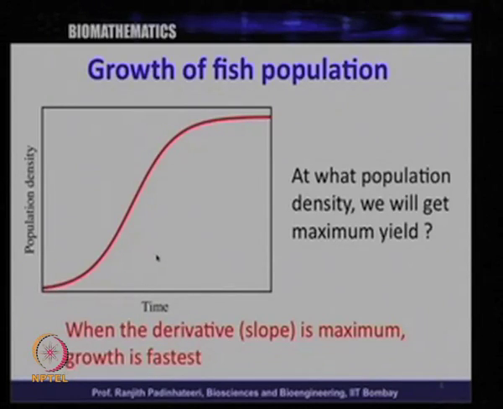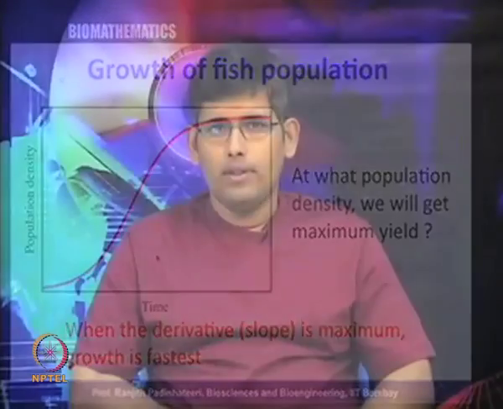By calculating the derivative of the curve at various times and looking at where the derivative is maximum, where the slope is maximum, you will get some idea about where the growth is maximum. And when growth means the increase in number of fish or of any organism is very fast, you can say the yield is maximum, or large.